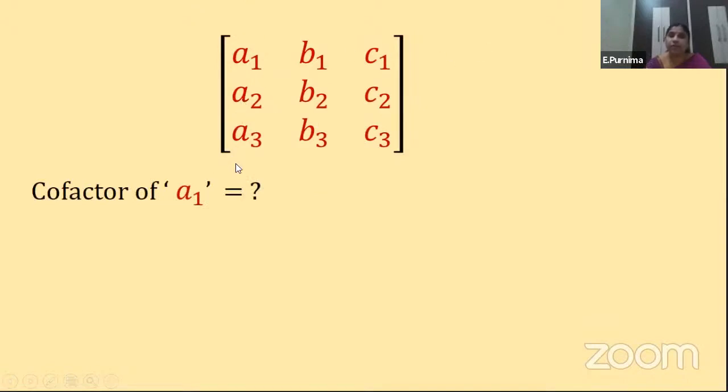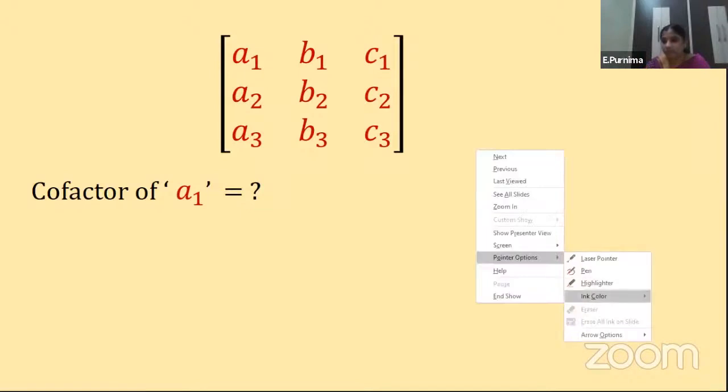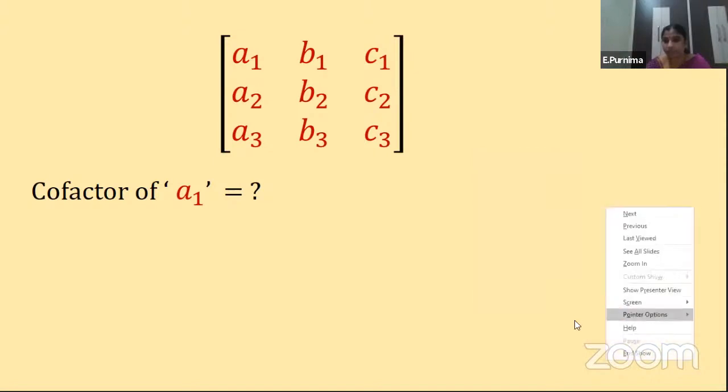So first we need to find what? The minor, no? That minor should be multiplied with -1 to the power of i plus j. Because here the a1 element is in the first row and first column, what are the values of i and j, children? Let me change now.